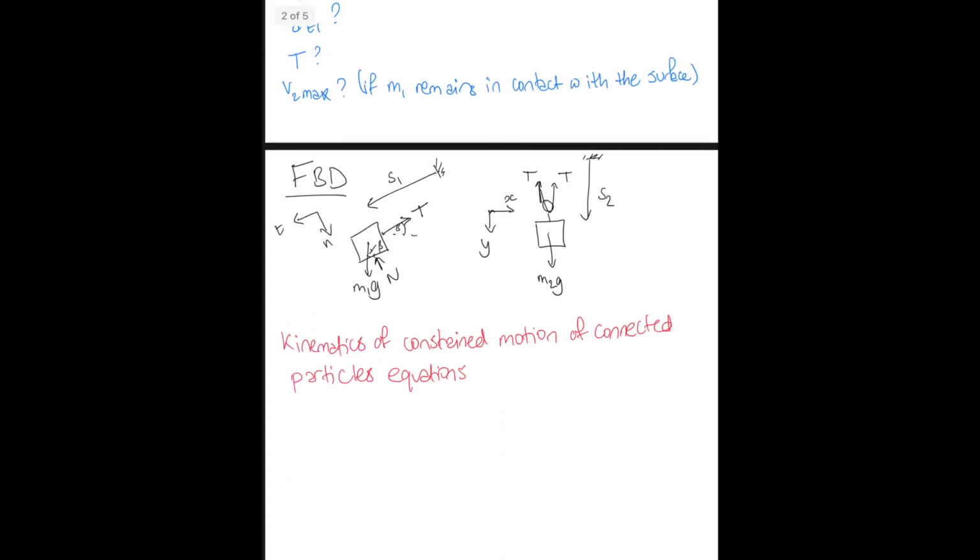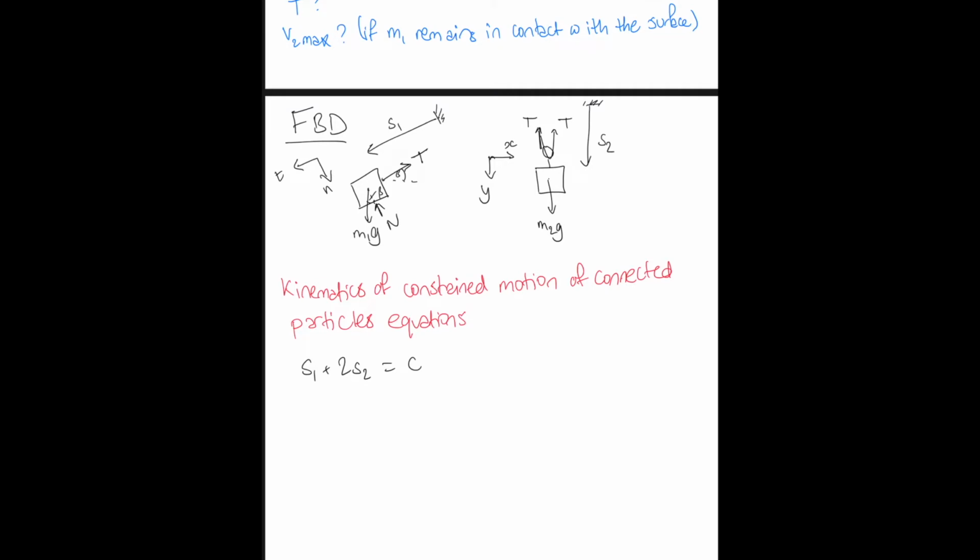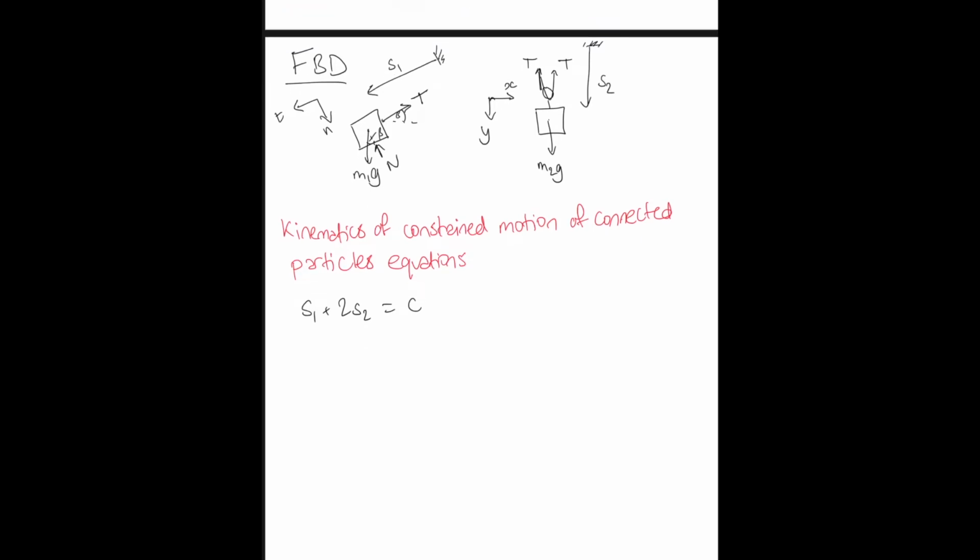If we add them together, S1 plus 2S2 is going to give you a constant, which is the full length of the cable. If we integrate that to get the velocities, V1 plus 2V2, constant is going to be 0.